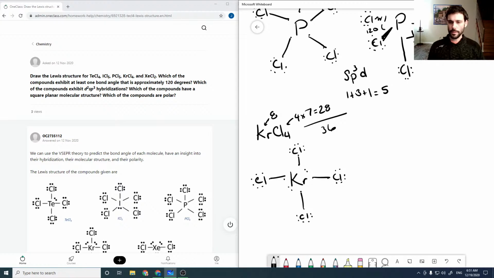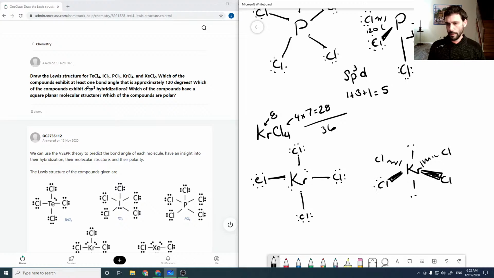The Krypton has 6 species around it, making it our general octahedral structure. So I'm going to go ahead and put the lone pairs above and below. And then I'm going to put the chlorines in the plane. Like that.